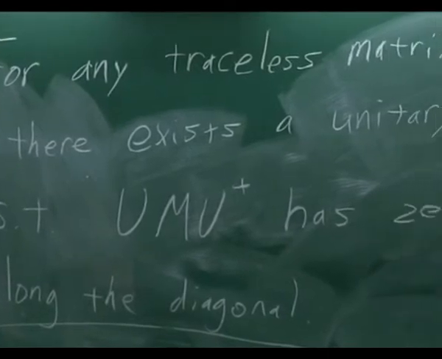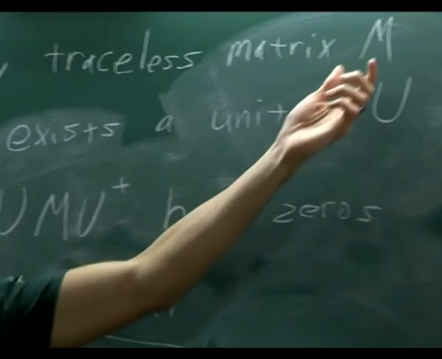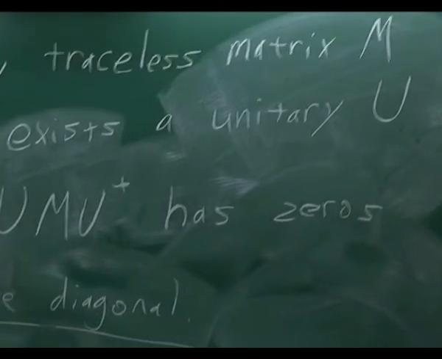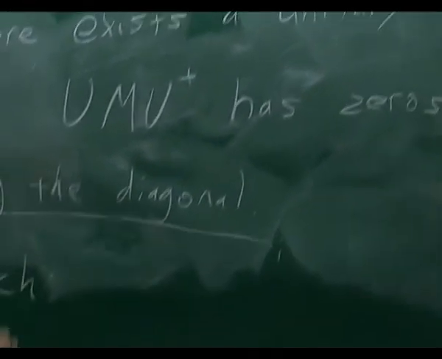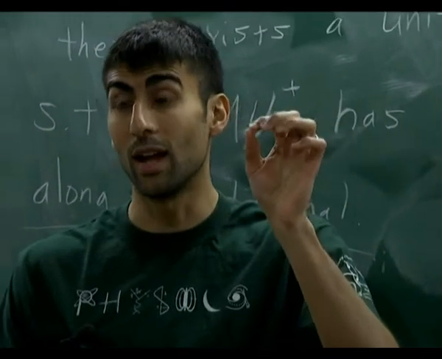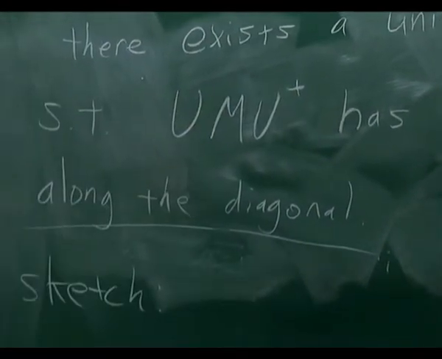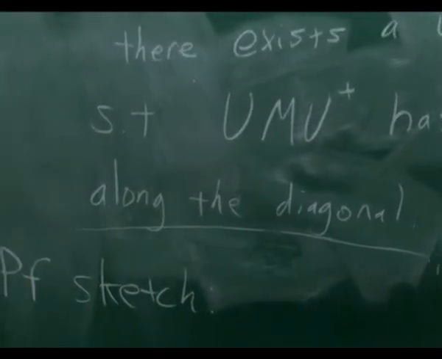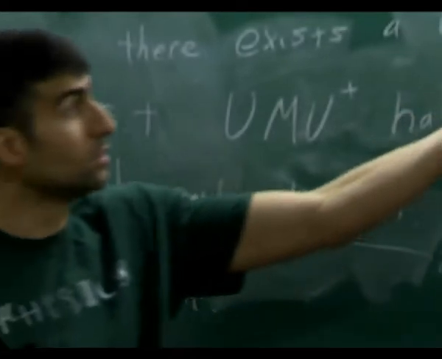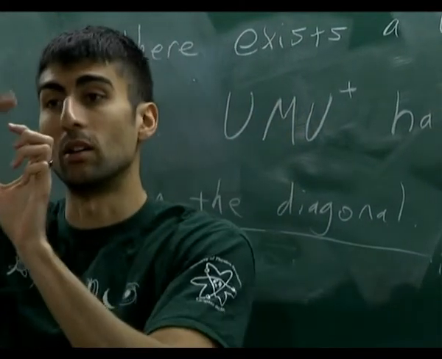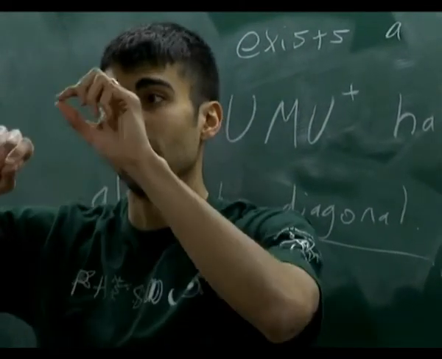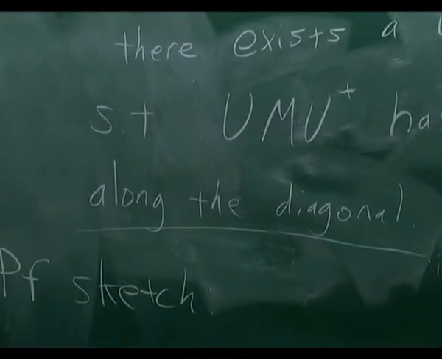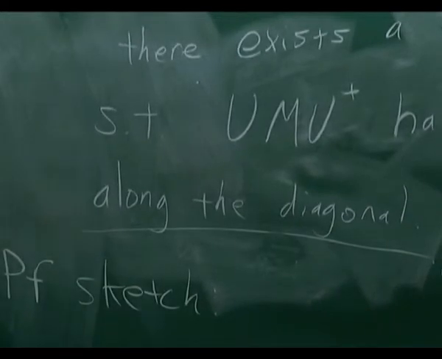So if we look at M along the diagonals, either they're all 0, in which case we're done, or there would be at least one negative and at least one positive. So we could find two elements, one positive, one negative, and then we take a unitary that performs a rotation on that 2x2 submatrix defined by those two points, and we slowly rotate it such that the negative element goes to 0.